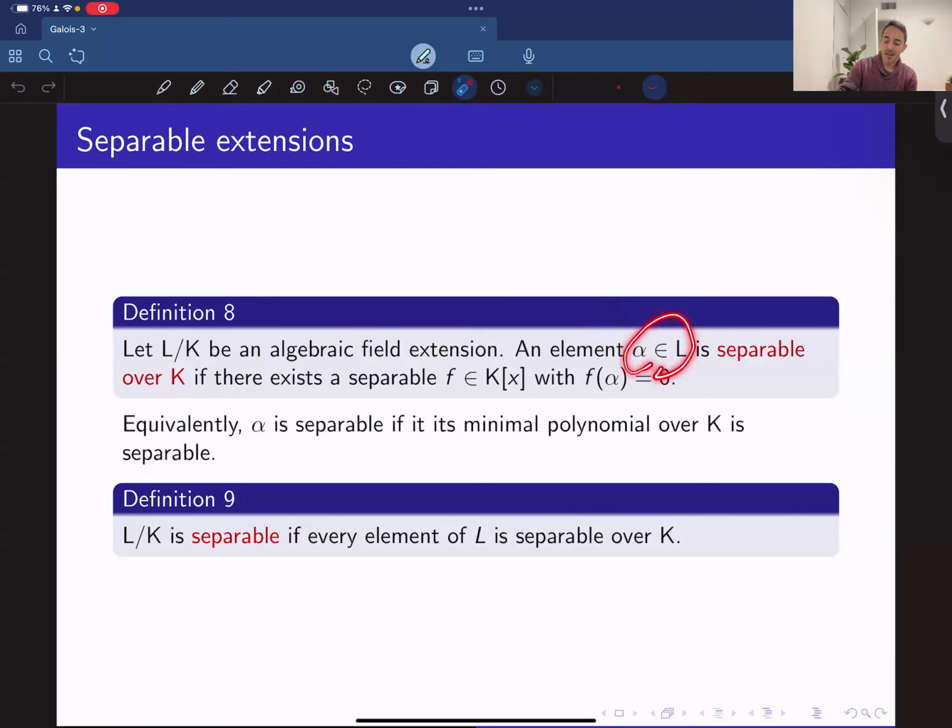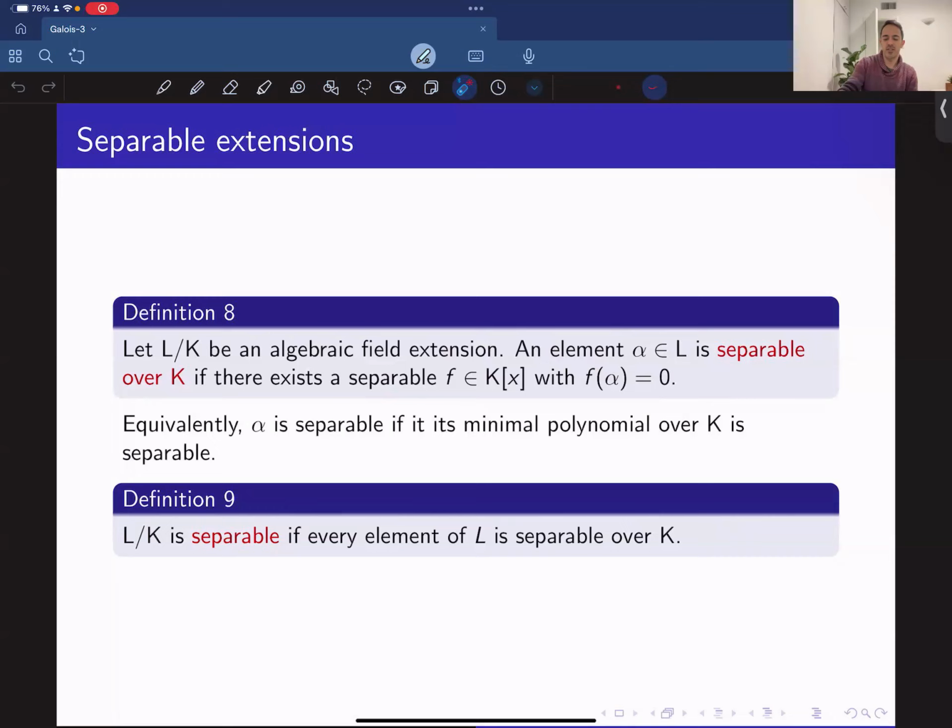So an element alpha in L, in the big field, is separable over K. Of course, you have to say over K because that's where the irreducible polynomials are coming from, if there exists a separable polynomial in K which vanishes at alpha. So an element is separable if there is a separable polynomial over K that vanishes at alpha.